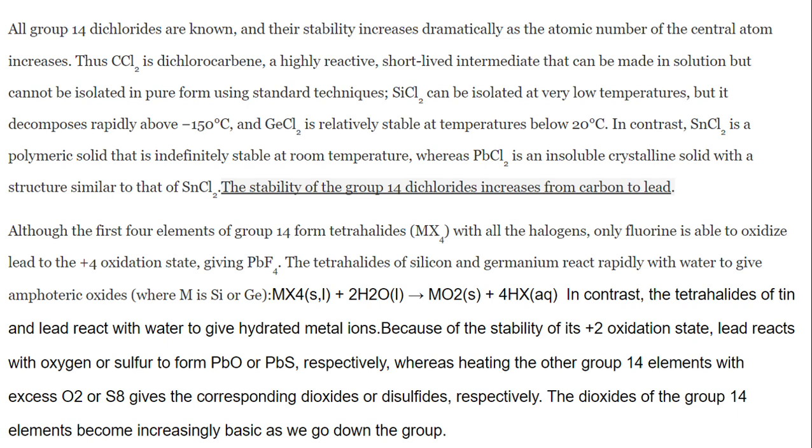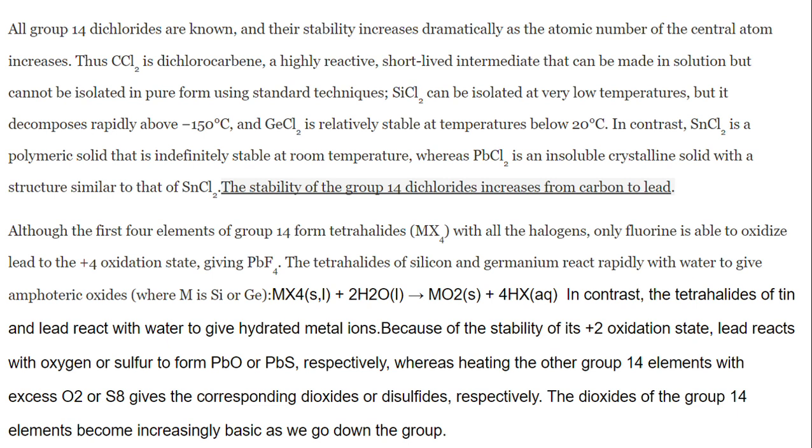In contrast, stannous chloride is a polymeric solid that is indefinitely stable at room temperature, whereas PbCl2 is an insoluble crystalline solid with a structure similar to that of stannous chloride. The stability of the group 14 dichlorides increases from carbon to lead.